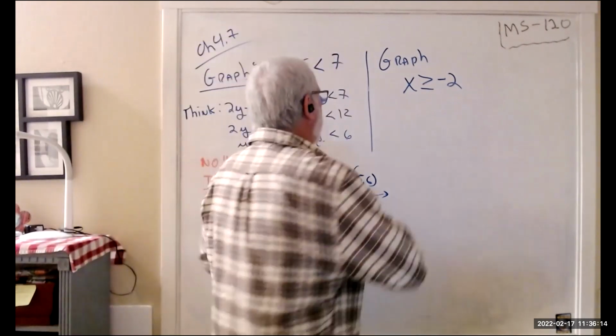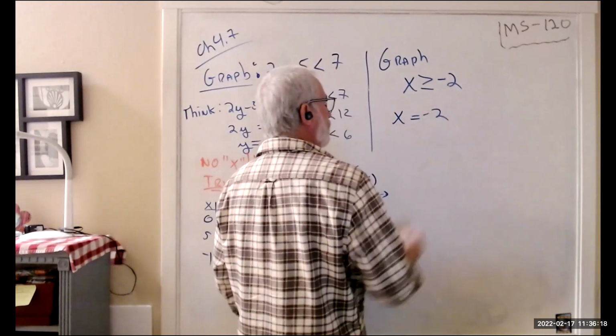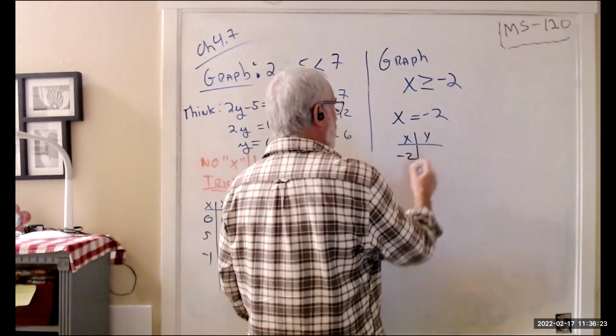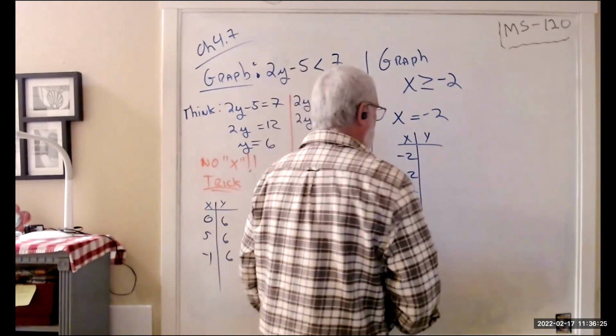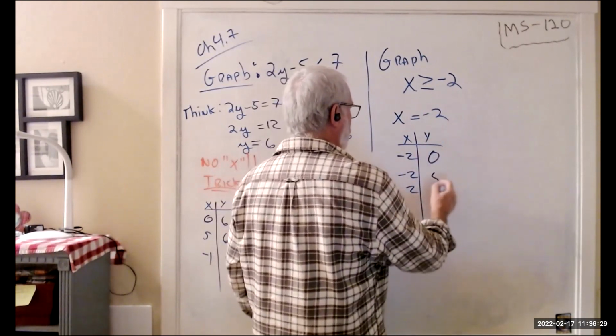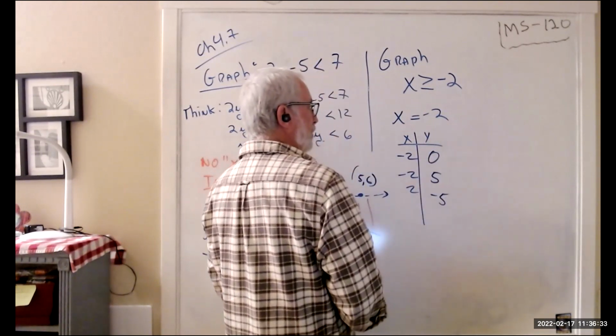So if we first graph X equals -2, that means X is locked in at -2 and Y can be anything you want, 0, 5, -5, whatever, that doesn't matter.